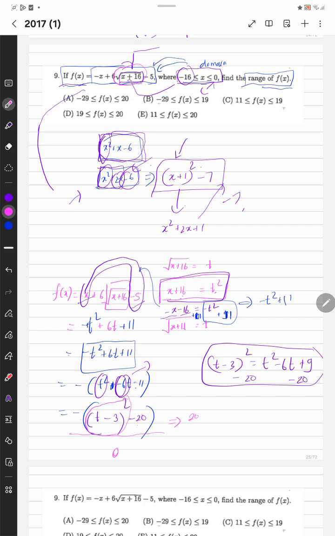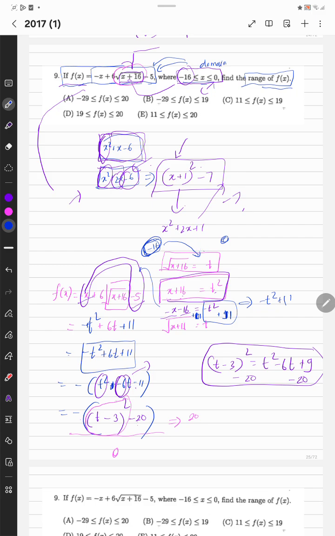When you try to make it as large as possible, given we assume t to be square root of x plus 16, and we know x can be only from negative 16 to 0, when it's negative 16, t is basically 0. So when t is equal to 0, that's 1.